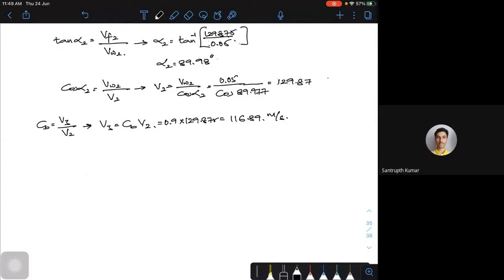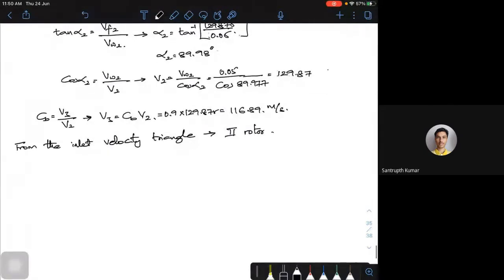From the inlet velocity triangle for the second rotor or second stage, I can write cos alpha 3 is equal to VW3 by V3, or VW3 is equal to V3 cos alpha 3.